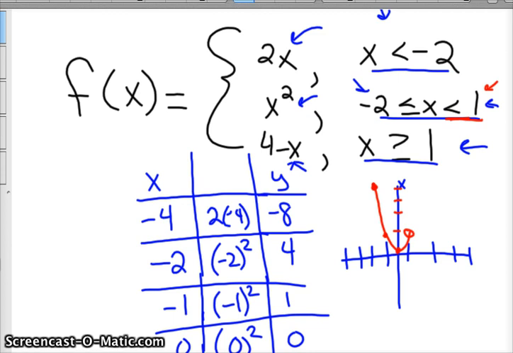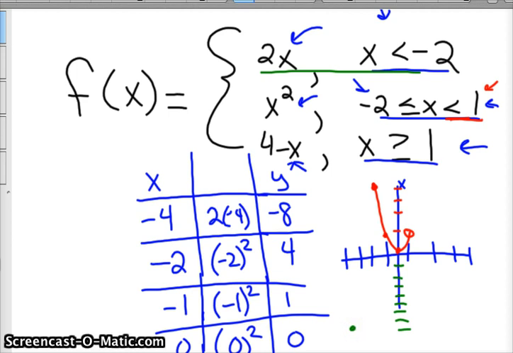Okay, and then I'll do it in green. If you graph this left piece, that's the equation y equals 2x. So that's a line with a slope of 2. We've got a couple points to make that happen. Or I guess we only have one, but -4, -8. So 1, 2, 3, 4, 5, 6, 7, 8 would be here.